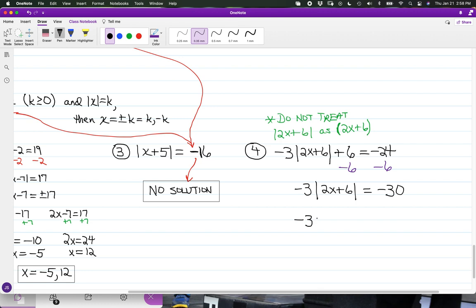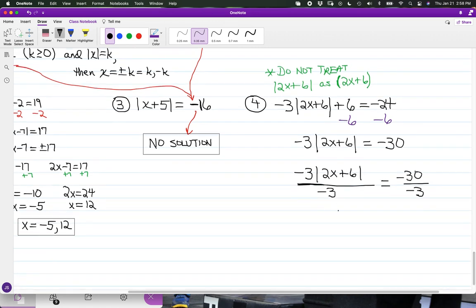So in terms of what to do with the negative 3, I'm just going to divide on both sides. So with division by negative 3, left hand side, we have the absolute value of 2x plus 6.